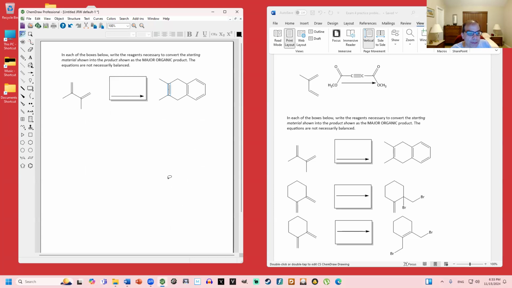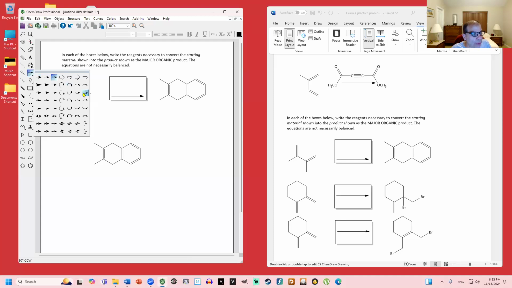There's the double bond in the cyclohexene. So what we need to do in order to figure out what the other starting material was is run the Diels-Alder reaction in reverse.